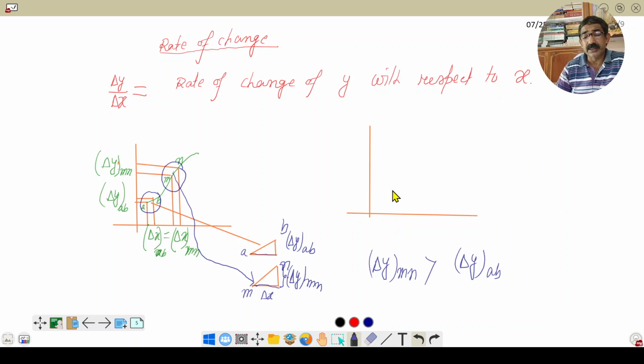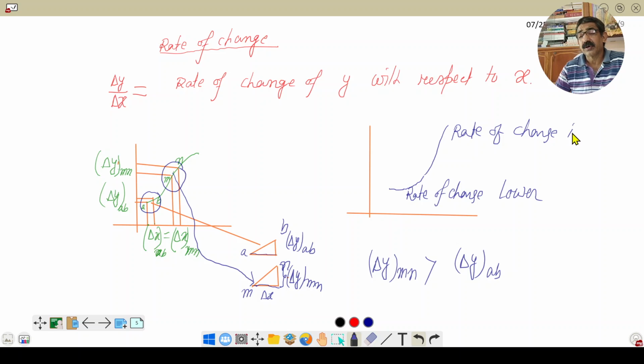When the graph is flat like this, the rate of change is lower. But at this portion, the rate of change is higher.